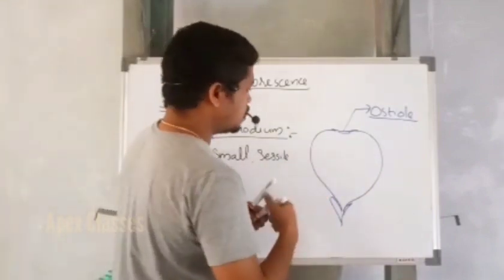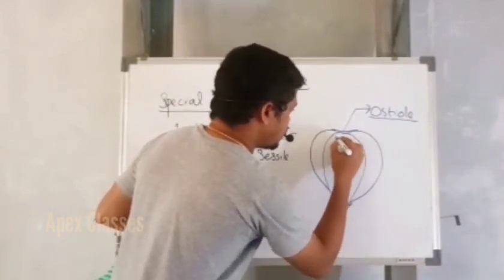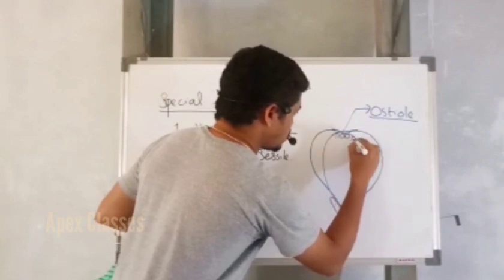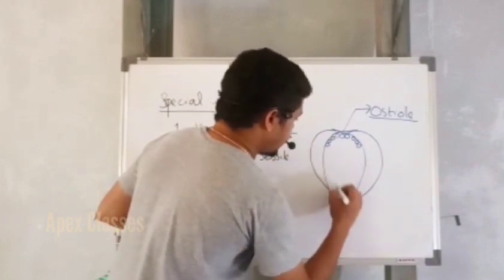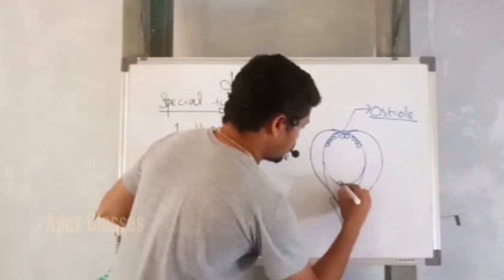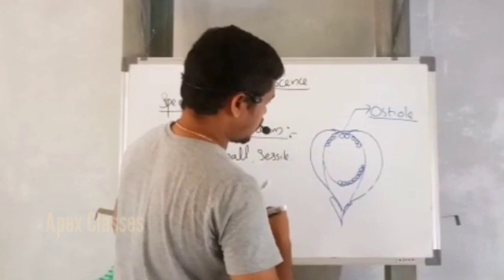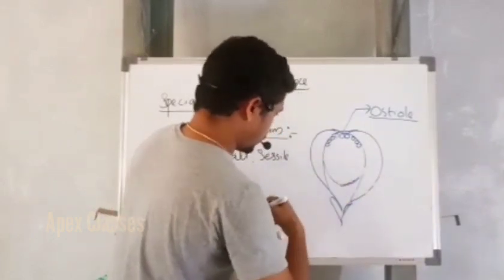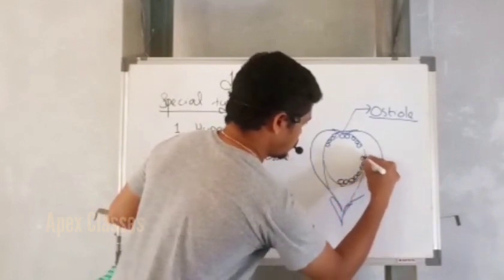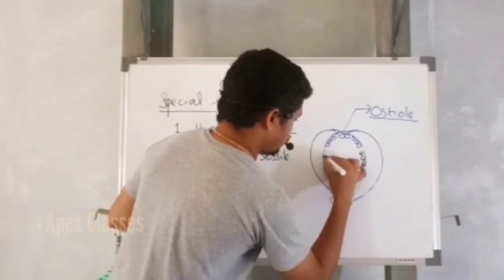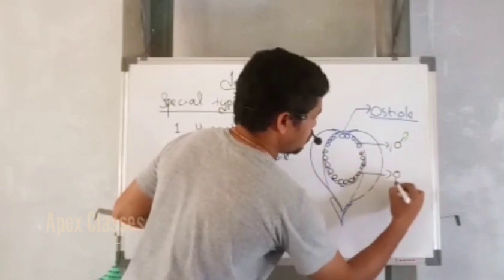Here, the male flowers are arranged at the top, and the female flowers are arranged at the bottom. This is the male flower, and this one is the female flower.